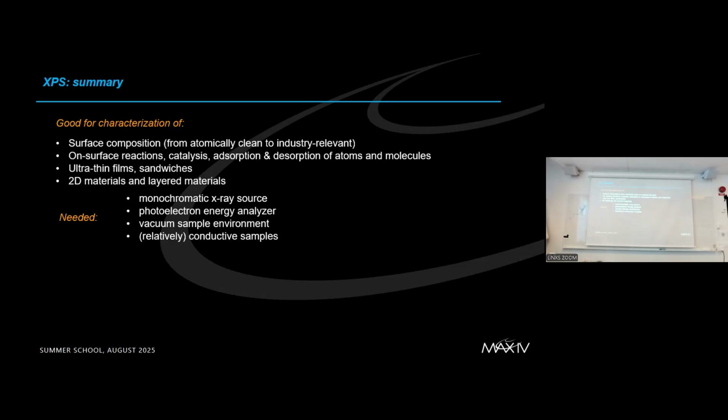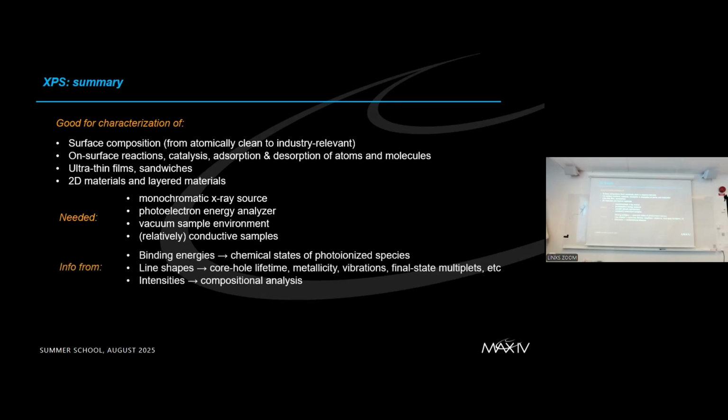Also, as I said, the sample should not be very dirty, or you should have means for cleaning the sample in vacuum somehow, either by heating or by ion sputtering, or else. Maybe cleaving. Sometimes cleaving is a very popular method. Yes, and so what do we learn from this spectrum? We learn 3 things.